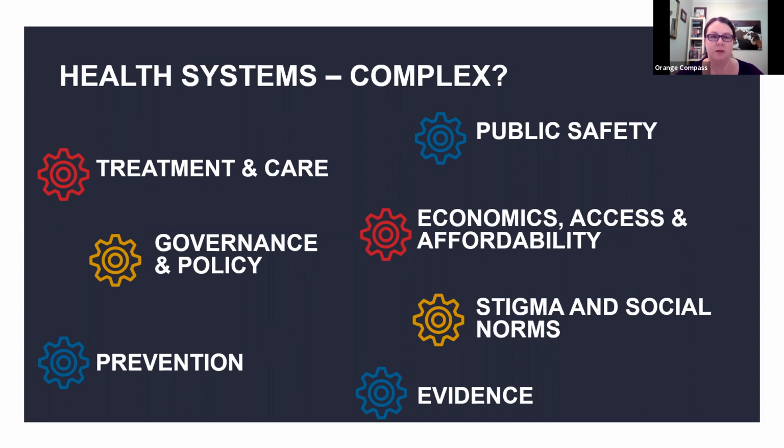But for everything from the treatment and care of health symptoms or issues through to broader issues of things like public safety in a pandemic, the governance and policy frameworks, the ways things get distributed, the accessibility and affordability of care, the economics, the pricing of health, the way social norms might play into it, the way stigma might play out, vulnerable populations might be affected, the use or disuse or the contestability of evidence and what counts as evidence for vaccinations or anything else, and the whole space of prevention, which links back into behaviour and social norms and all sorts of other things around not just treatment and care, but preventing the need for treatment, for example.